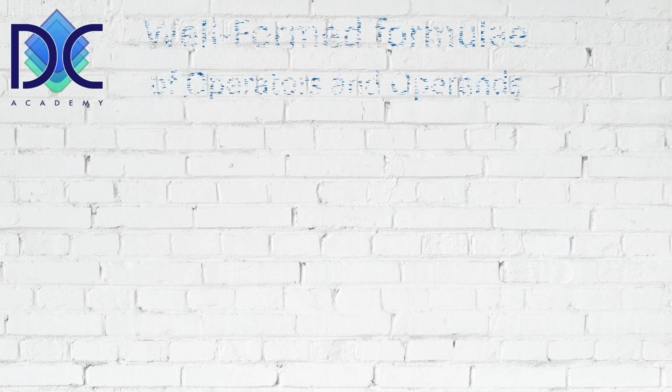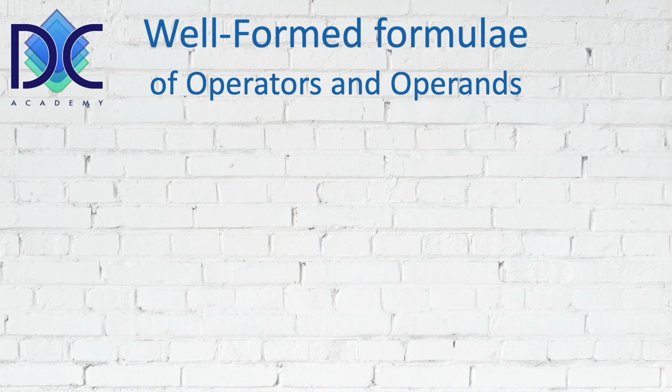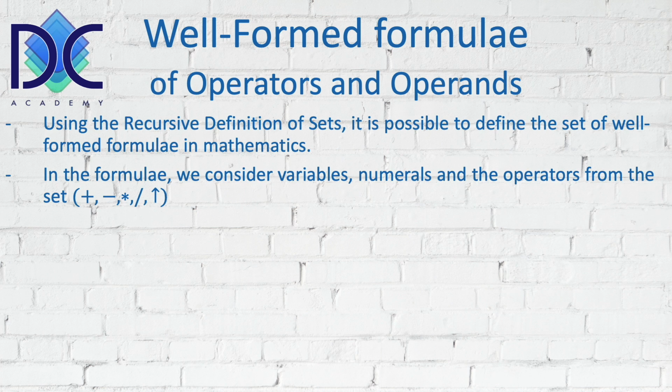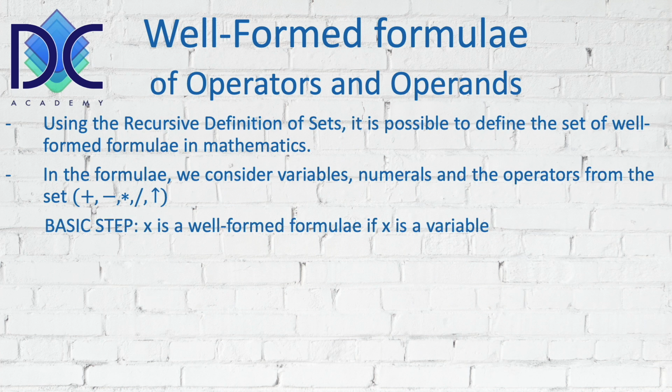We can do the same with the operators and operands that we have. We can use them in mathematics. We consider here variables, numerals, and the operators from the set plus, minus, star, division, and the arrow to the top, which means power. We can say that the basic step is that x is a well-formed formula if x is a variable.